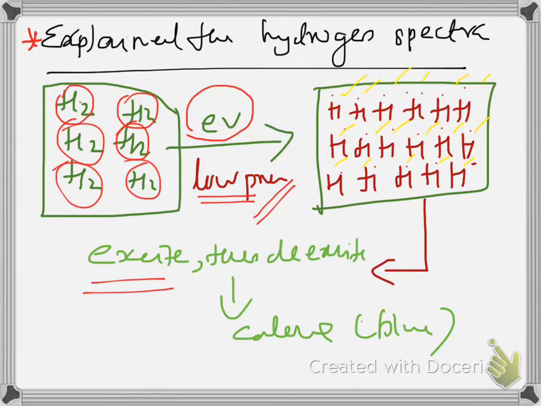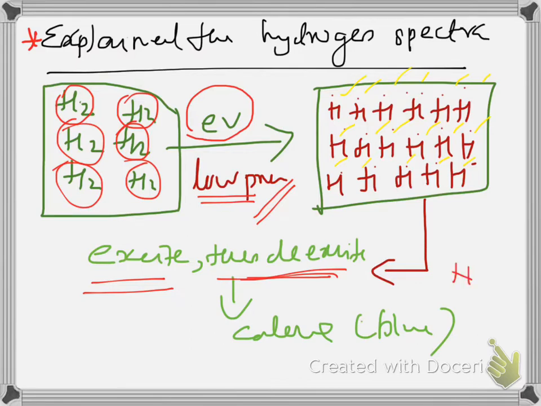But you know that the excited state of an electron is never stable. So these electrons undergo de-excitation to a lower level, during which they can release the energy.